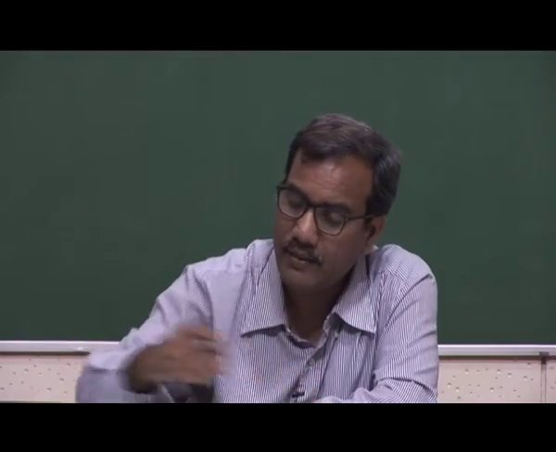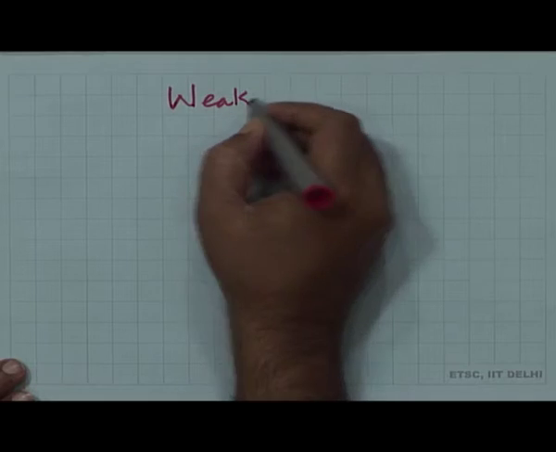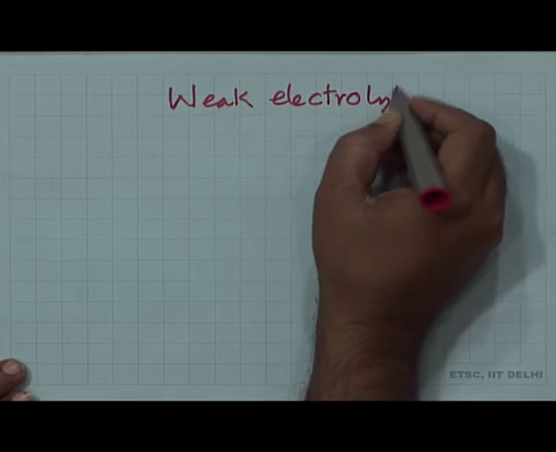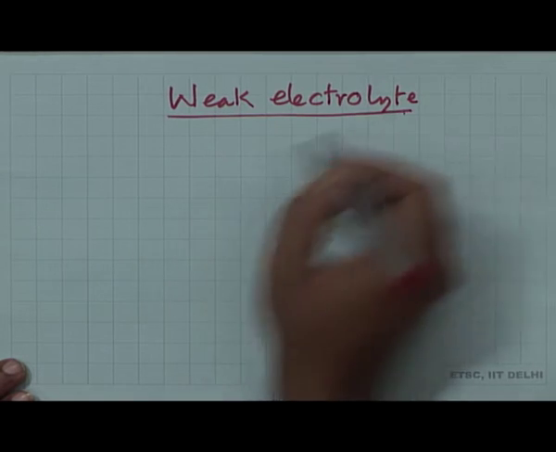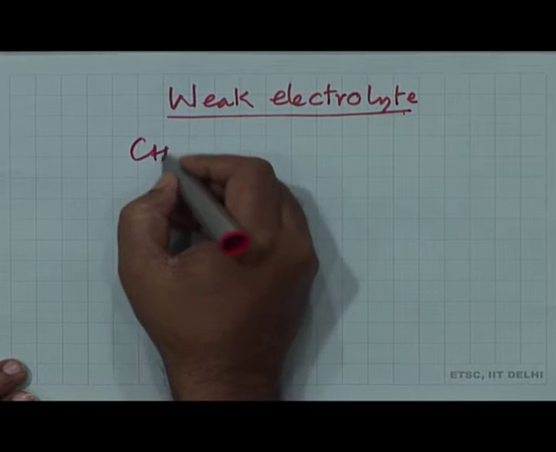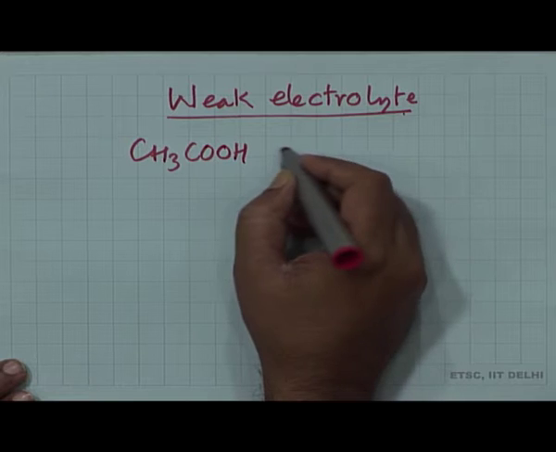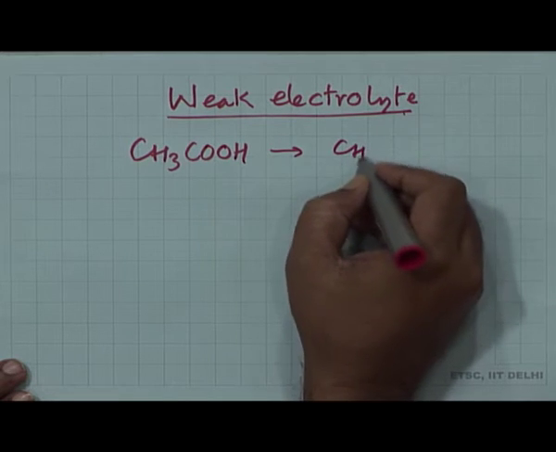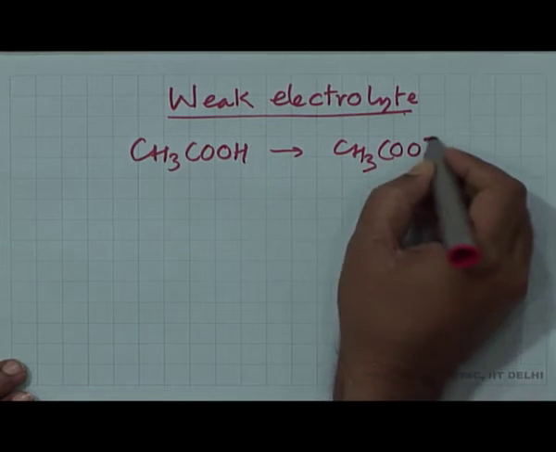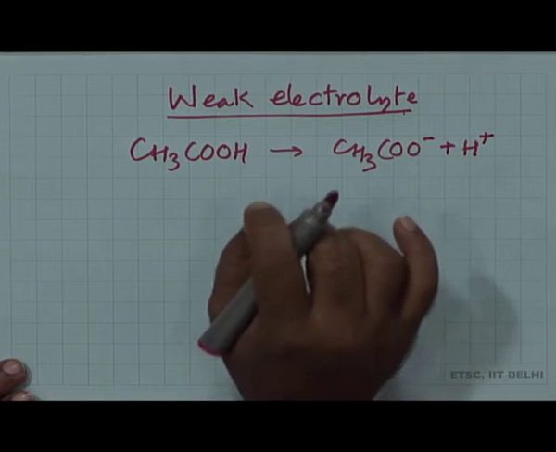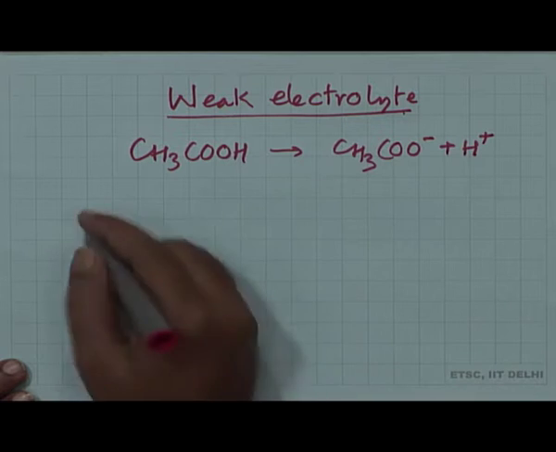On the other hand, in the case of a weak electrolyte, for example acetic acid, the behavior of the anion and cation will be different.